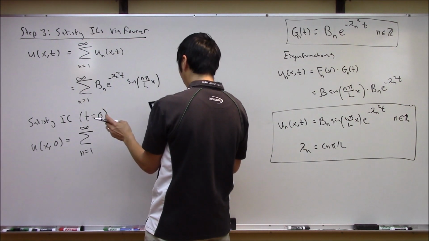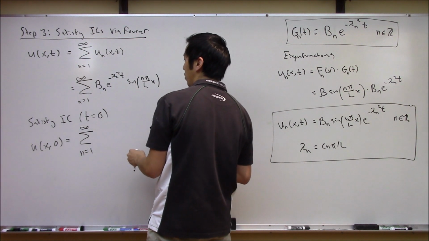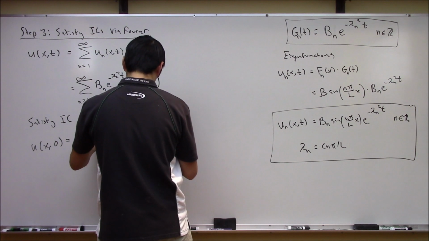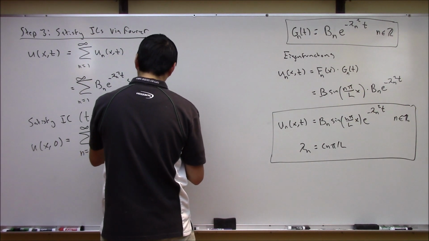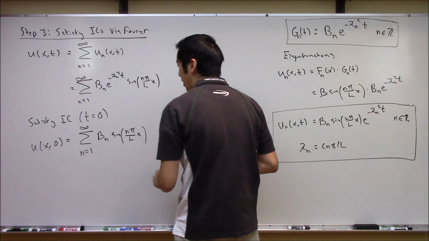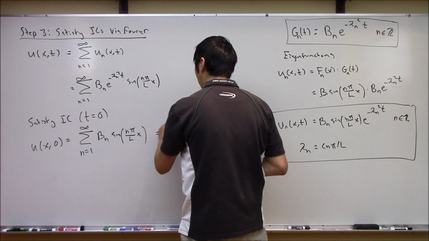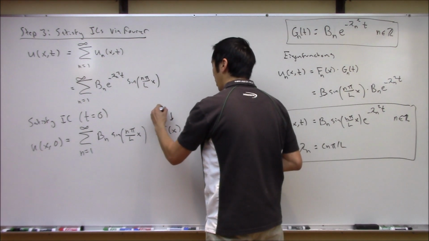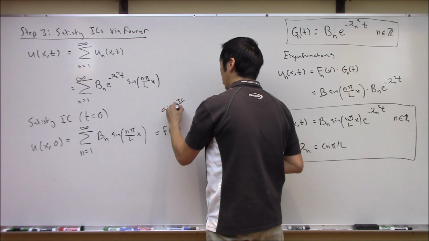Luckily, when time equals 0, the exponent goes away, so we end up with b_n sine of n pi over L x. And we said I want this candidate solution to equal the specified distribution f of x, the given initial temperature distribution.